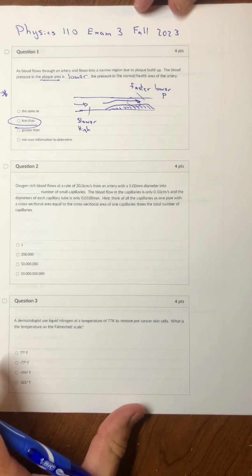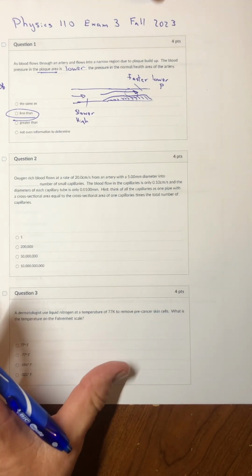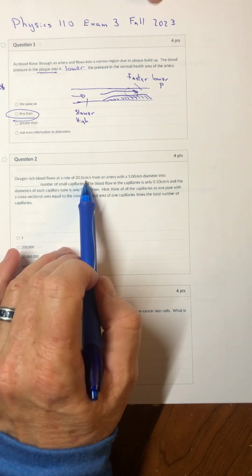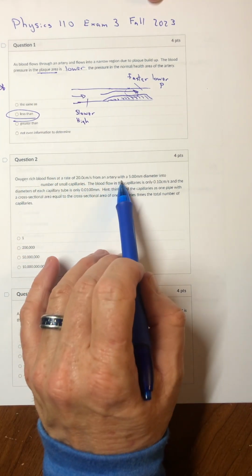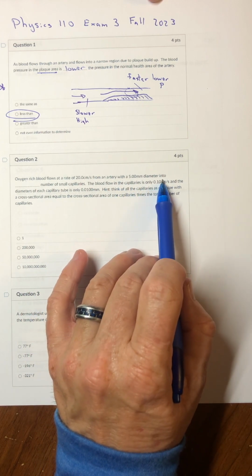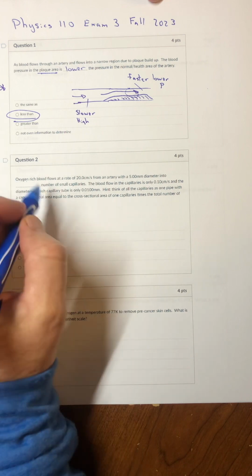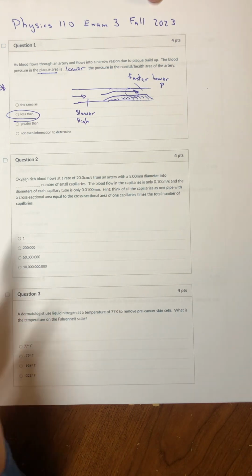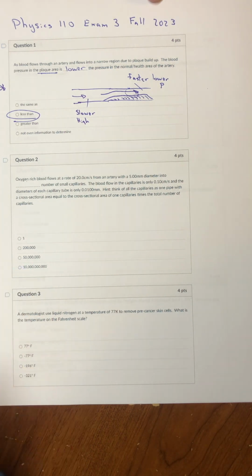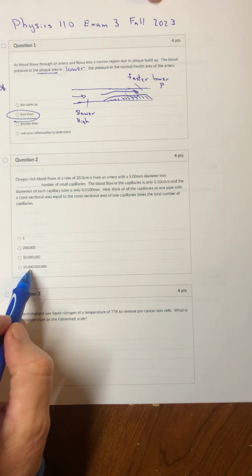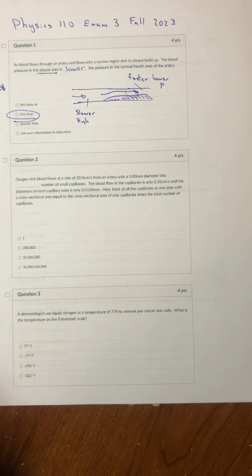All right, so number two says this. Oxygen-rich blood flows at a rate of 20 centimeters per second from an artery with a 5 millimeter diameter into blank number of small capillaries. Okay, so we've got 1 capillary, 200,000 capillaries, 50 million capillaries, 10 billion capillaries.